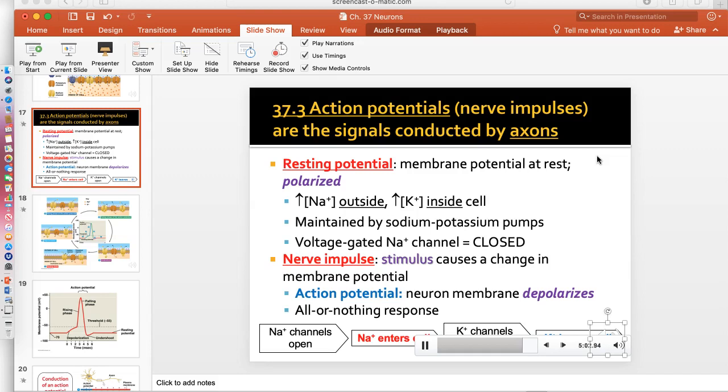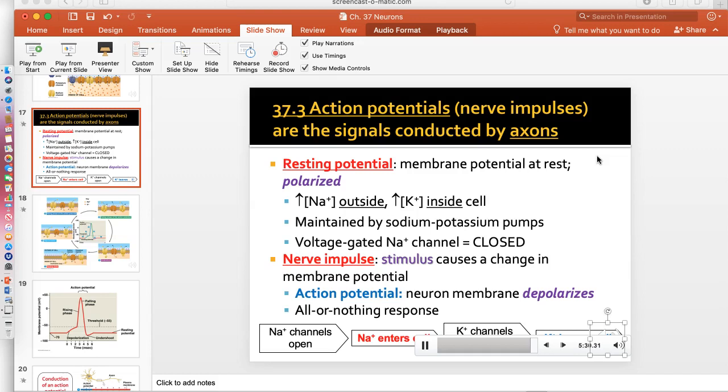Now, the other thing that can happen is, maybe it's not the sodium channel opening up, maybe it's the potassium channel opening up. When that happens, again, there's tons of potassium on the inside of that cell. So the gateway opens up, and ions typically move from high to low concentration, so they're going to leave the cell.